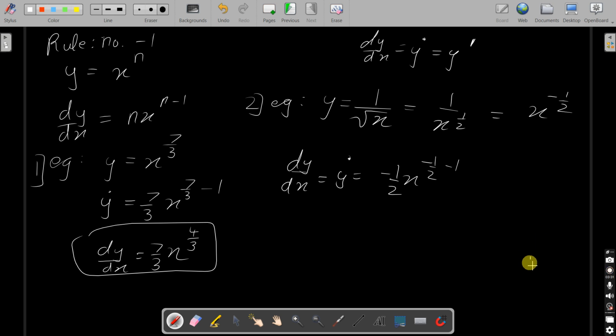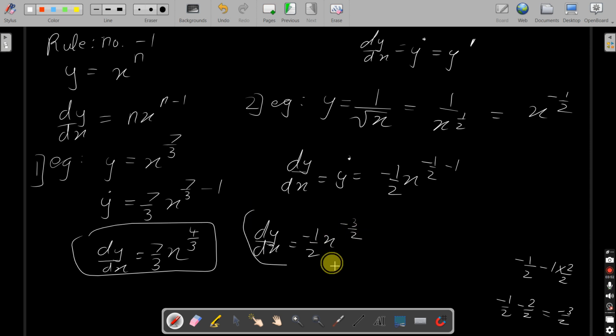Minus 1 upon 2 minus 1 into 2 upon 2 is minus 1 upon 2 minus 2 upon 2, which is minus 3 upon 2. So dy by dx will be minus 1 upon 2 into x to the power minus 3 upon 2.